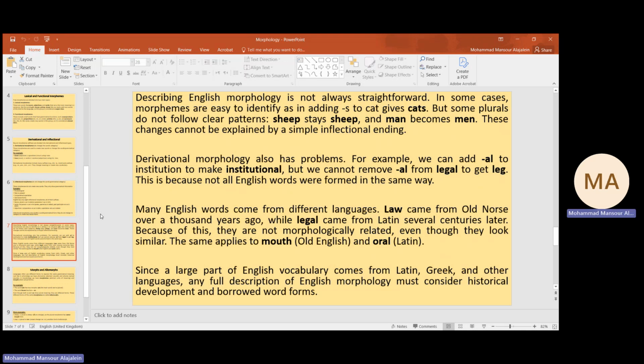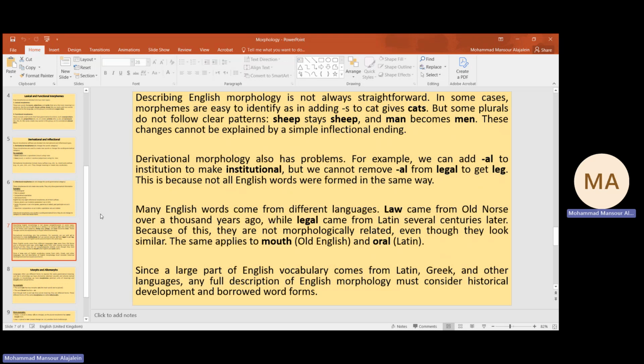Moreover, many English words come from different languages. Law came from Old Norse over 1,000 years ago, while legal came from Latin several centuries later. So one of the biggest reasons is that many words are borrowed from other languages.